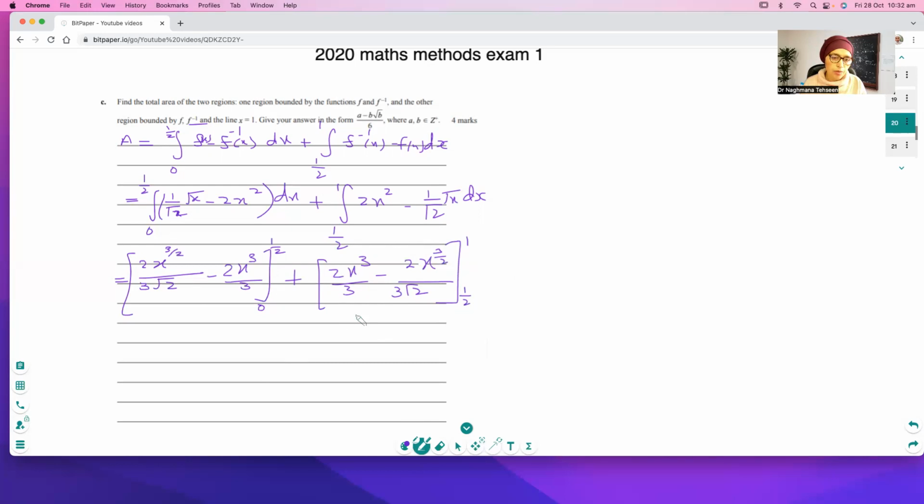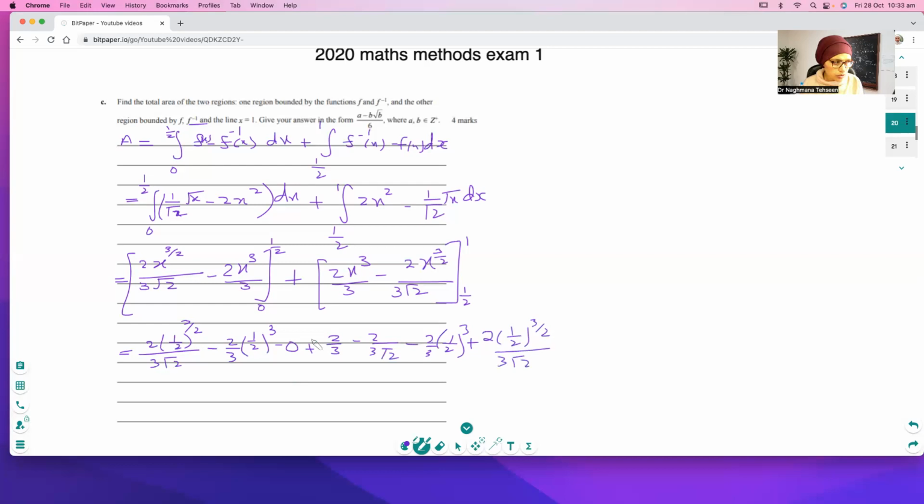And then we just need to do upper limit minus lower limit, which would give us 0 plus 2 over 3 minus 2 over 3 root 2, minus 2 over 3 times 1 over 2 to the power 3, plus 2 over 3 root 2 times 1 over 2 to the power 3 over 2.